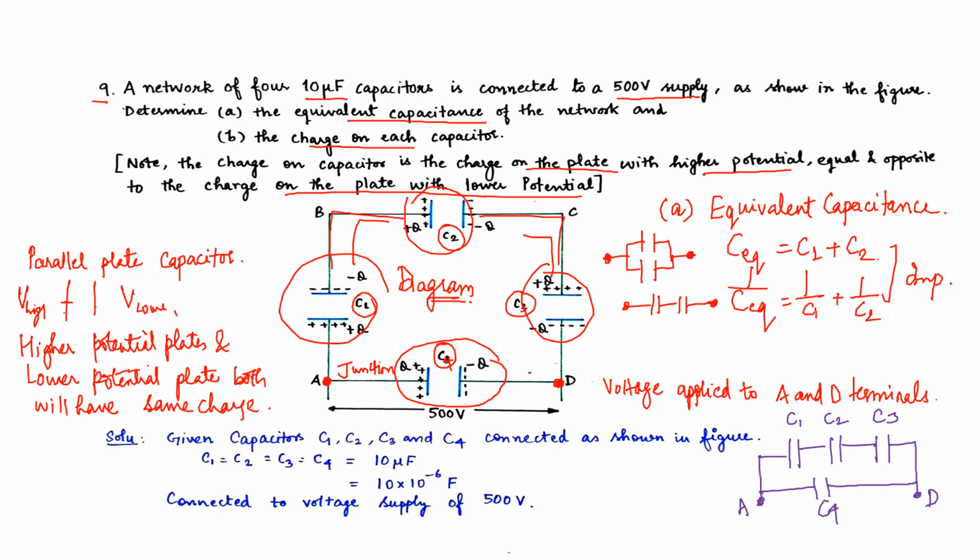So from here we see that C1, C2 and C3 are connected serially.